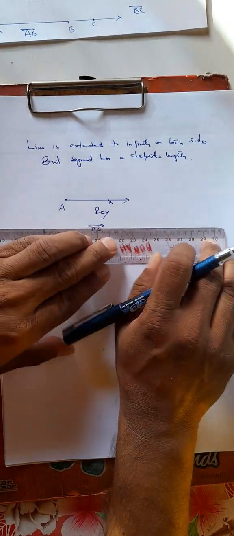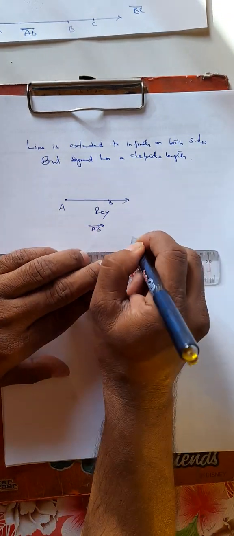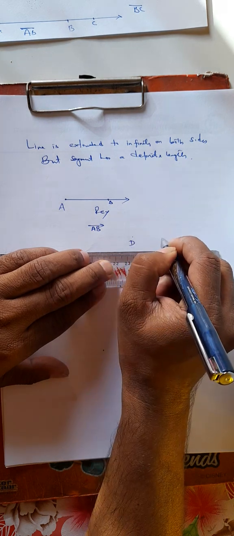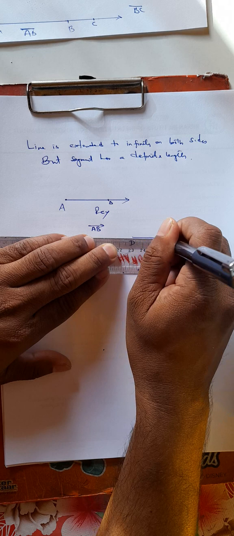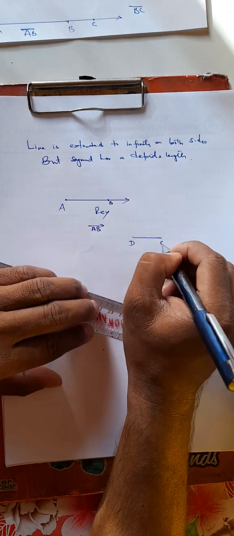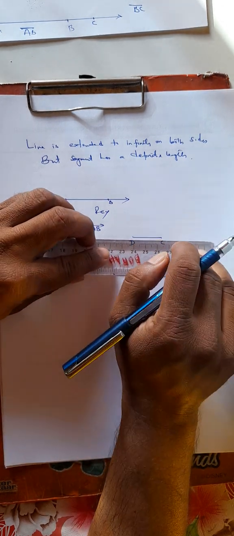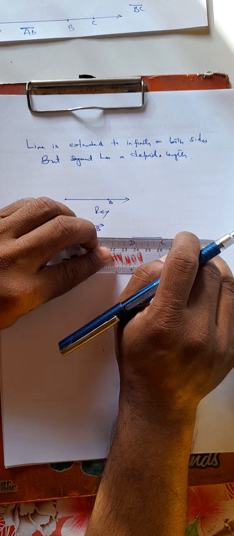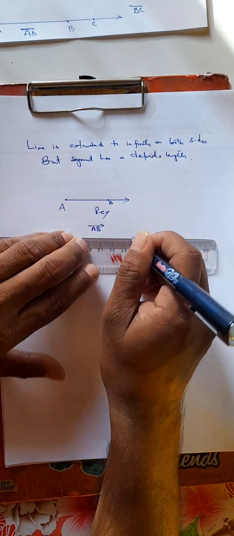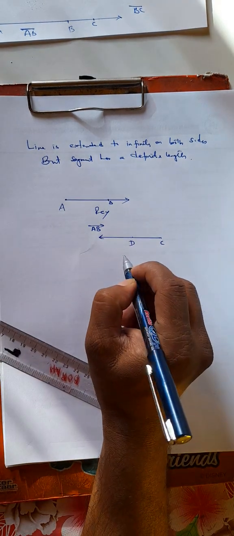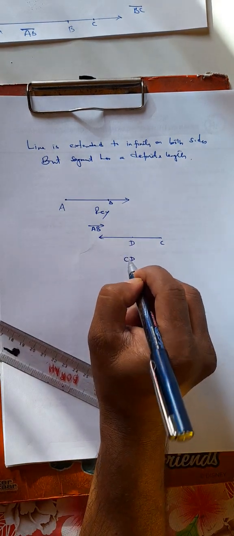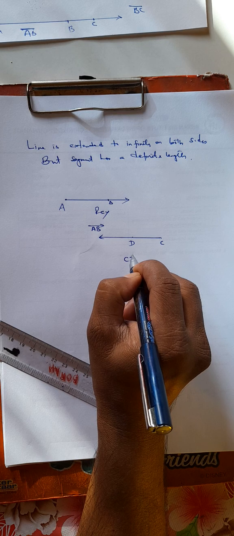Similarly, suppose this is another point D, and this is C. Now let us join these 2 points D and C. Now let us extend this line segment towards D to infinity. So you got another ray. This is written as ray CD.